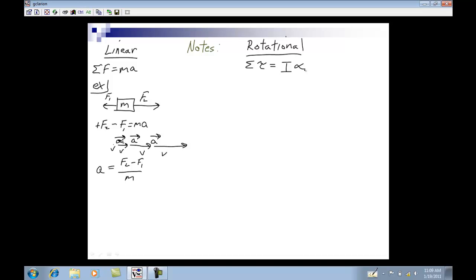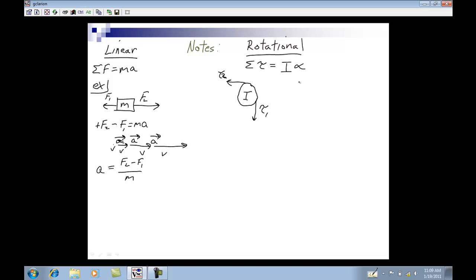So if I had some rigid body, in this case I'm going to make it a disk that has some rotational inertia I, and I have particular torques that it's going to experience. Let's call this torque 1, and let's call this torque 2. I'm really bad about drawing my 2's on these.